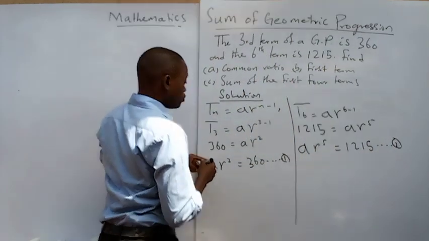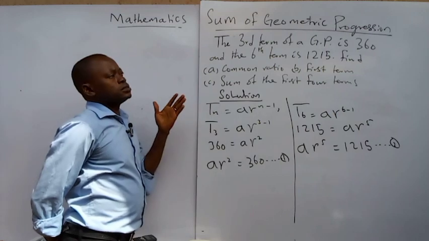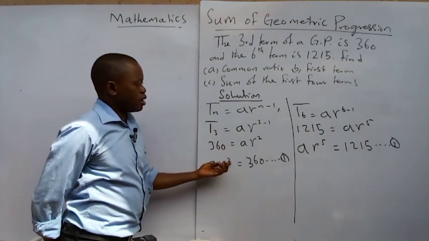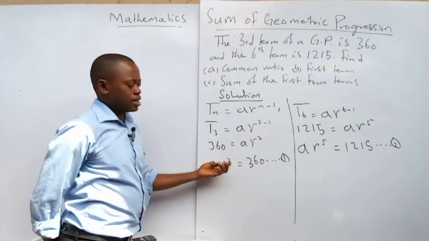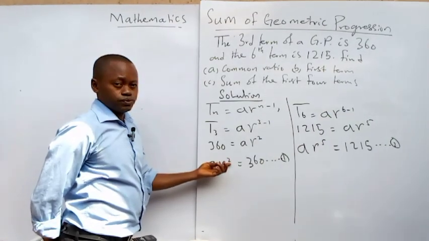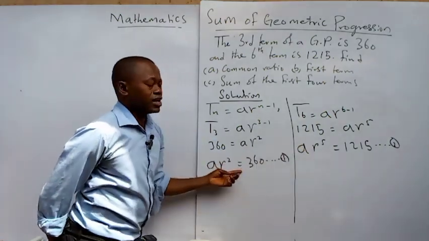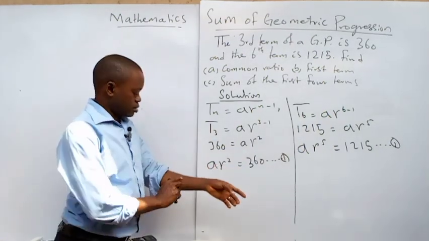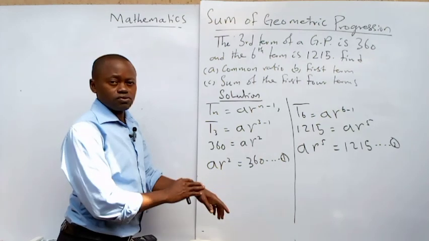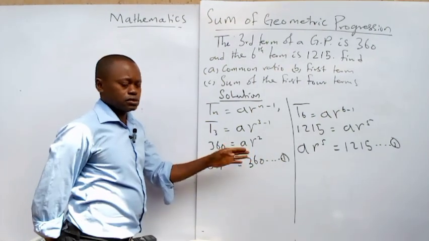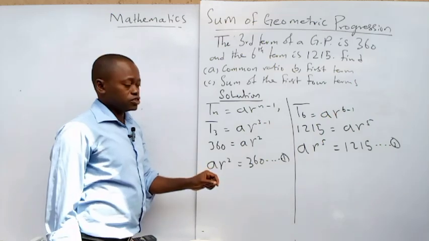Now, because these have powers greater than 2, we cannot solve them like simultaneous equations in a typical example in arithmetic progression.